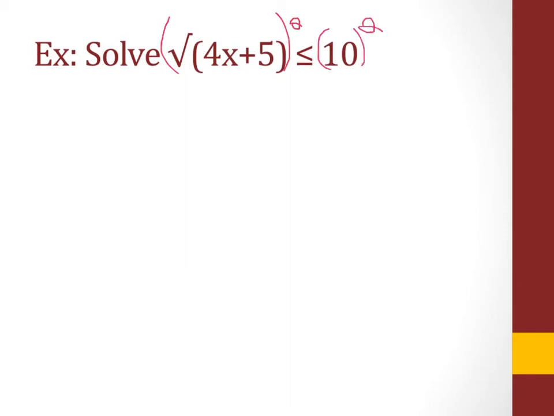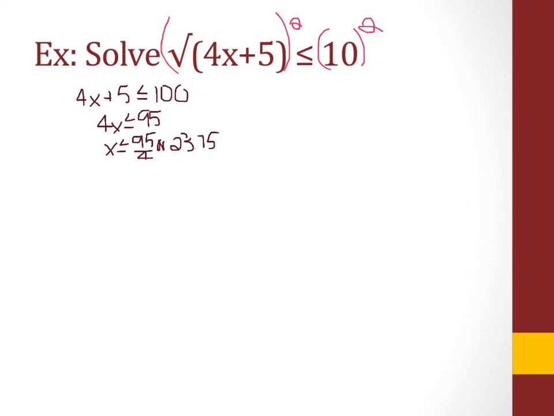Doing so, on the left here we would have 4x plus 5 is less than or equal to 100. Solving for x, 4x is less than or equal to 95. x is less than or equal to 95 over 4, or 23.75.